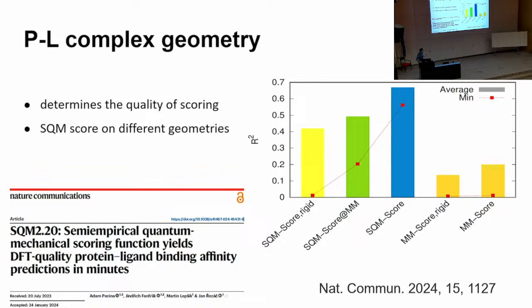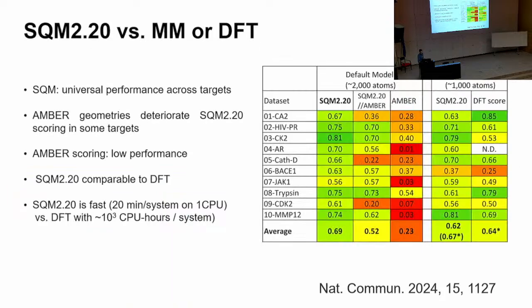When we break it down to individual targets, we can see the consistent performance of our SQM 2.20. We can see in red those failed cases.